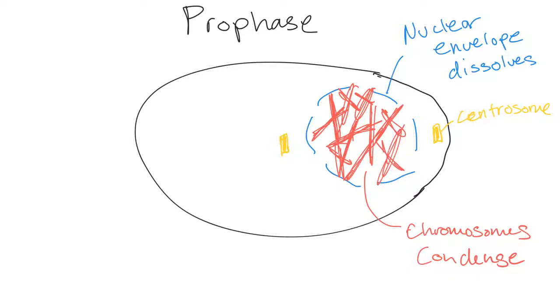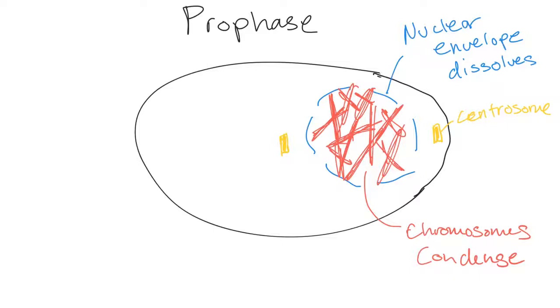But for the most part, all the other organelles are just kind of getting out of the way. The mitochondria is still producing ATP for whatever processes are needed for that. Everything else, I'm not exactly sure, but it's just going to stay out of the way.